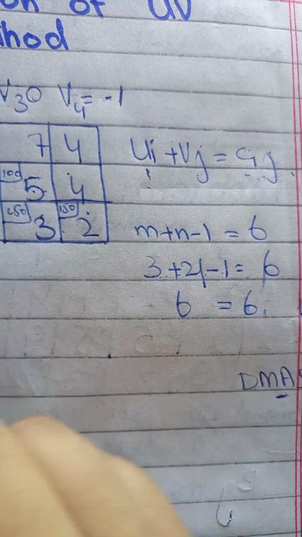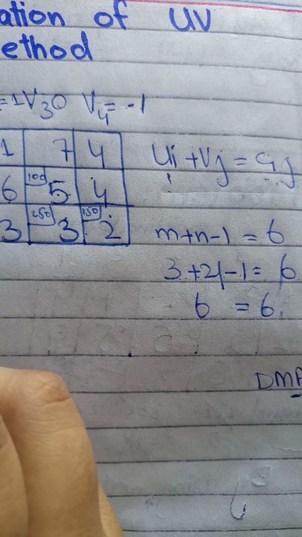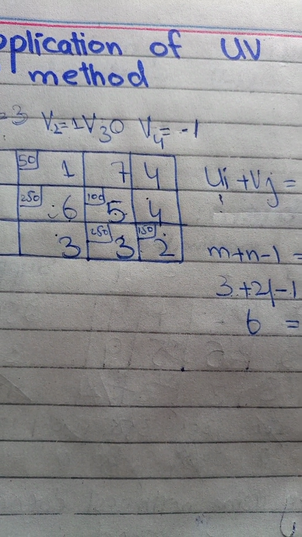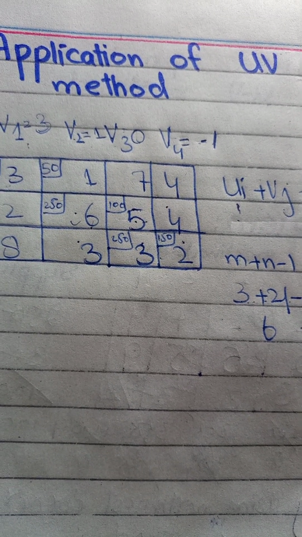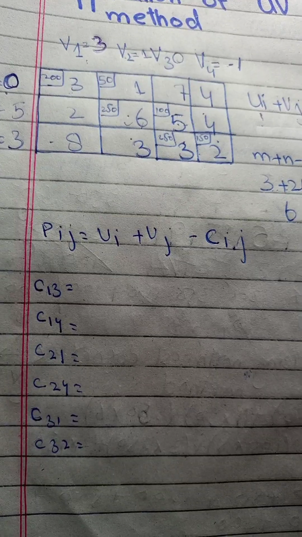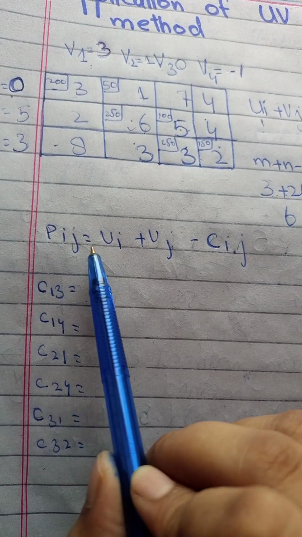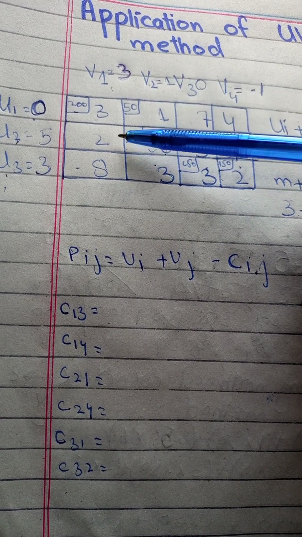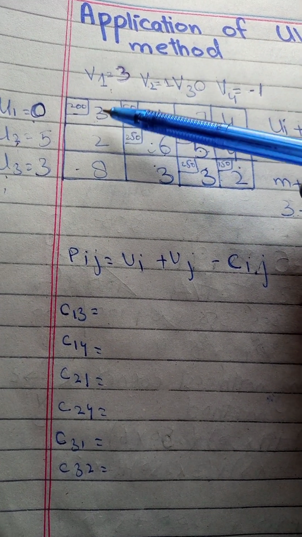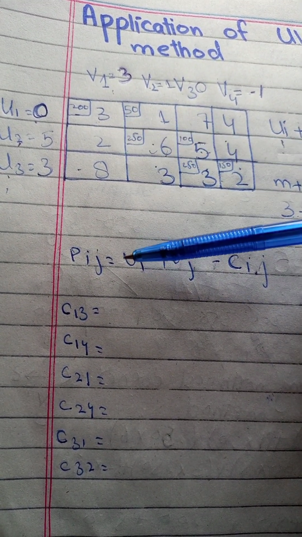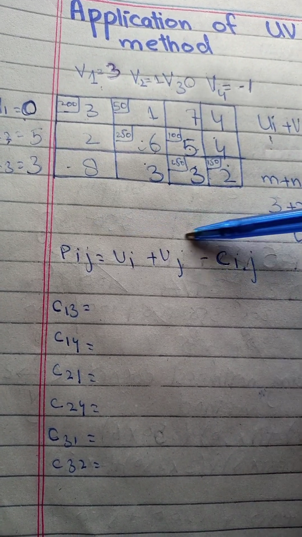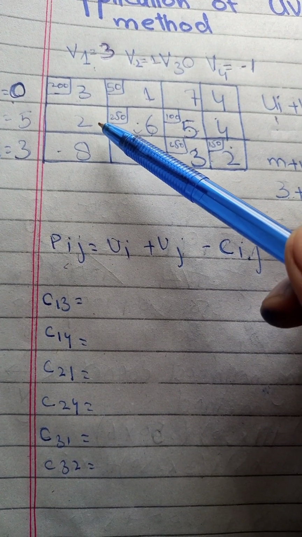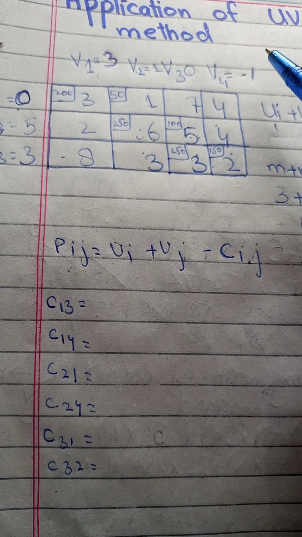Now we have to use the second equation for the unallocated cells. This was the first step of the UV method. Now we will do the next step. Okay, we have to use this formula. First we found the values of u and v by the allocated cells. Now we have to find this equation Pij by non-allocated cells.